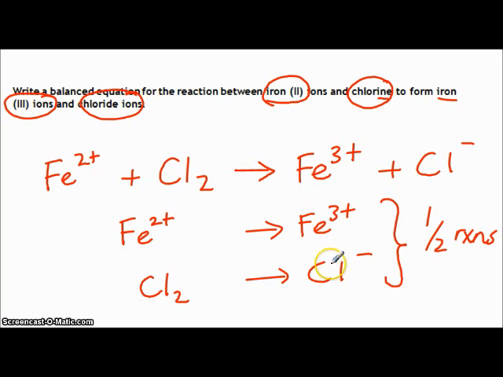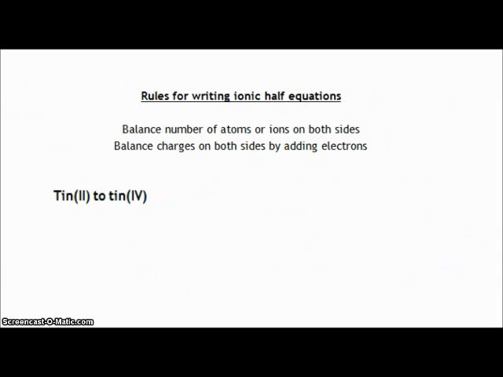So we need to do some work on them. But this is the idea, to separate the species out into two separate half reactions, and then using a particular method of balancing those half reactions, we will get an overall balanced equation, which we're going to do in a moment. Before we get there, let's just have a look at some of the rules for writing ionic half equations.